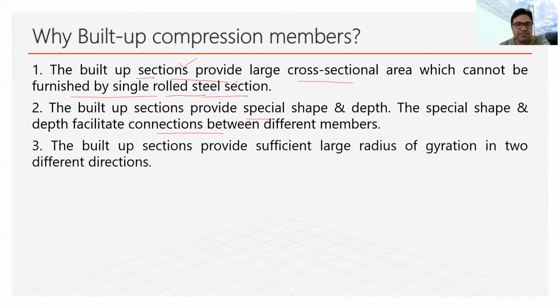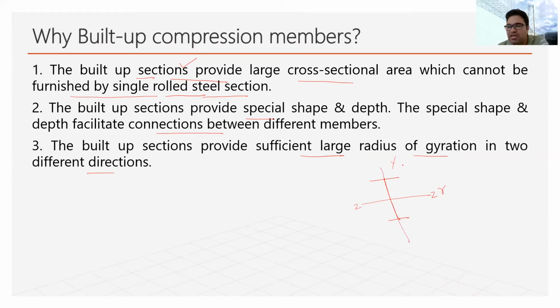Then third point is the built-up section provides sufficiently large radius of gyration in two different directions. In the previous lecture, I have shown that different cross-sections have different radius of gyration. Like for a single I section, we have radius of gyration about this, say this is the z-axis and this is the y-axis.